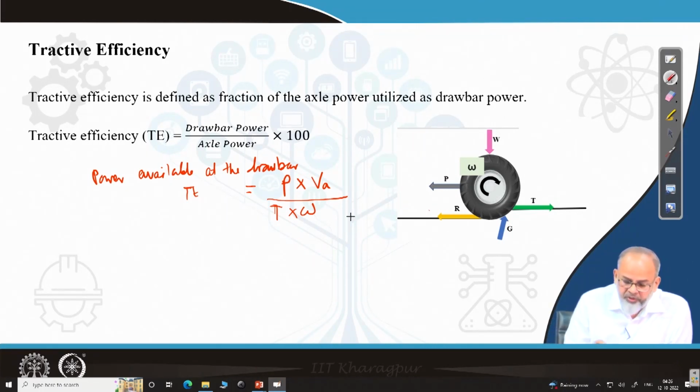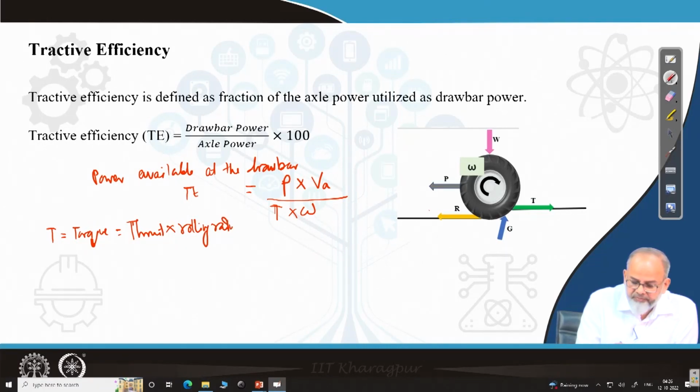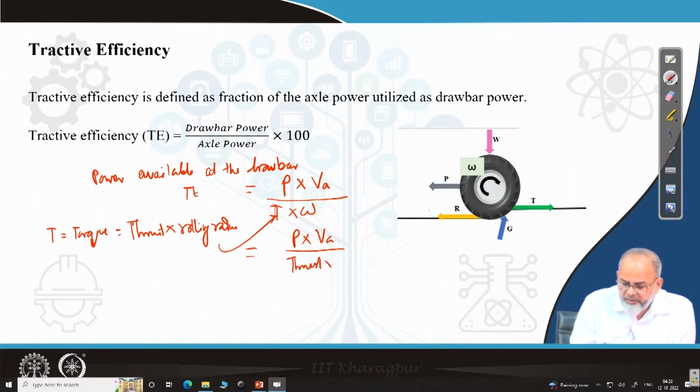Now this input torque I can write as thrust into rolling radius. If I substitute here, P into VA divided by T, which is nothing but thrust into rolling radius R, into omega.